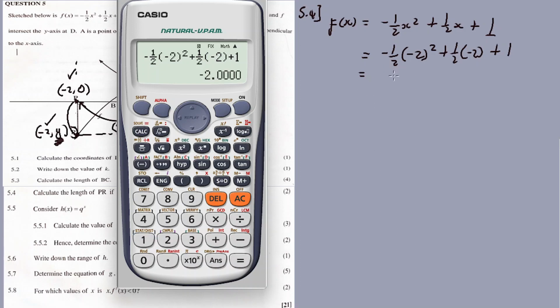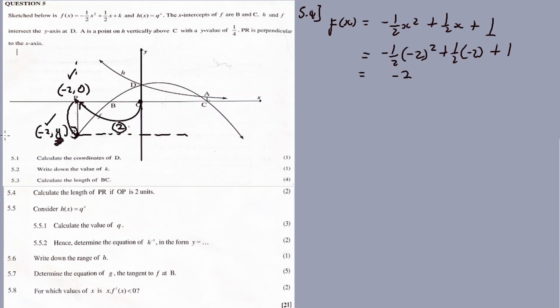It's negative 2, but since we want the length, the length will always be a positive value. So the length of PR is about 2 units.